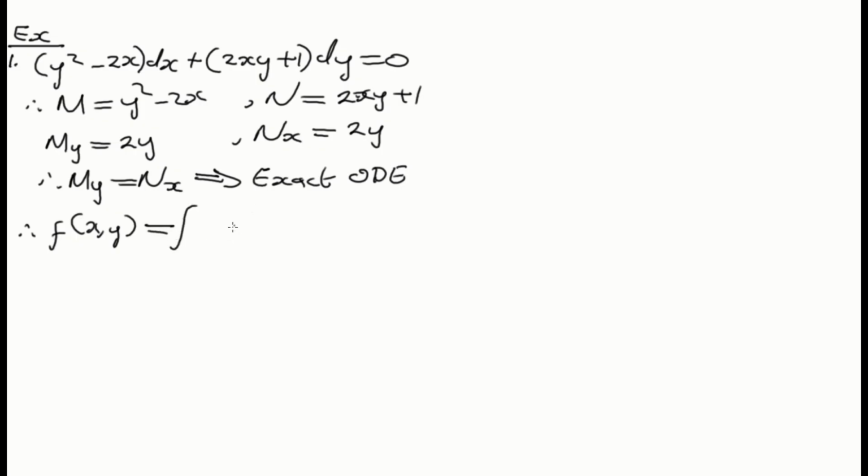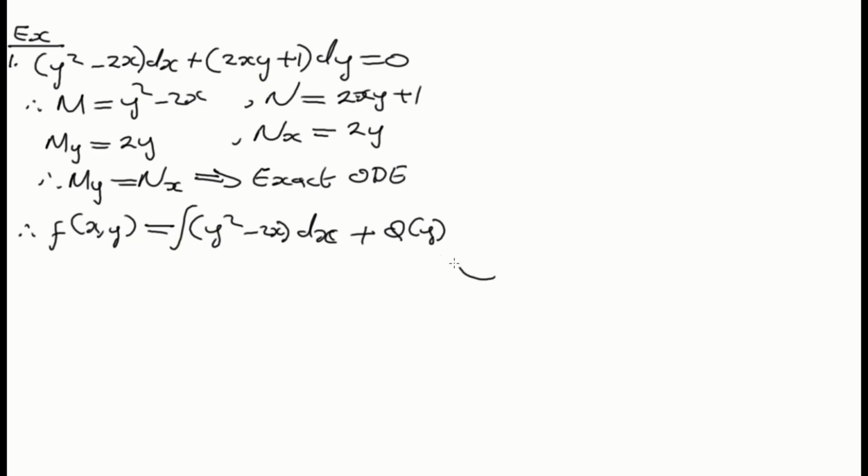Now, which one can we integrate? It's up to us. Let us integrate m, y squared minus 2x dx, therefore plus q of y, because this was a constant when this partial derivative was being developed. We are fixing this differentiation because we know differentiation goes this way, integration goes the other way. So we fix what was messed up by differentiating with respect to x by integrating with respect to the same variable to recover or to go back.